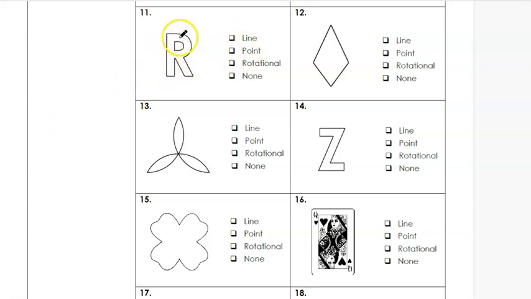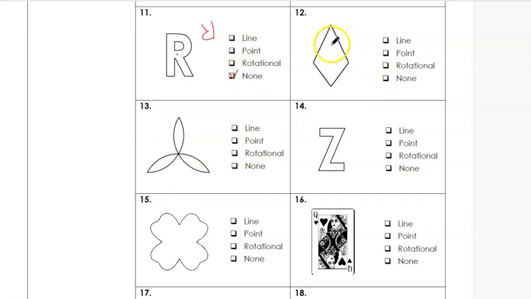Point symmetry, basically this flips over and it becomes an upside down R. So obviously that doesn't map to itself. And with rotational, just trying to turn any degree measure less than 360 to see if it gets back to this original shape. Well, it would get back at 360, but it's got to be less than 360. So number 11 would be none.